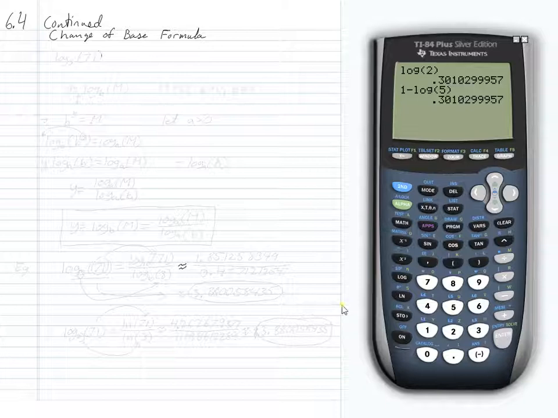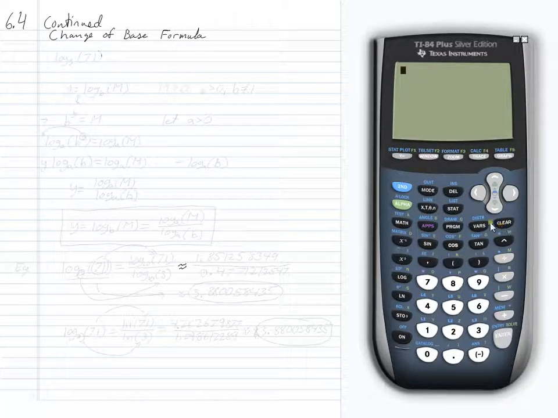Up until now, we've been able to successfully evaluate logs base e and base 10 in our calculator. But how would I evaluate something like log base 3 of 71? The change of base formula is going to help us convert this into something involving logarithms with bases that our calculator can handle.